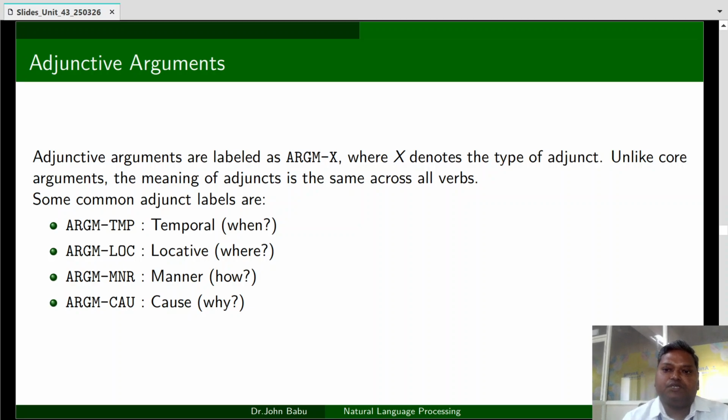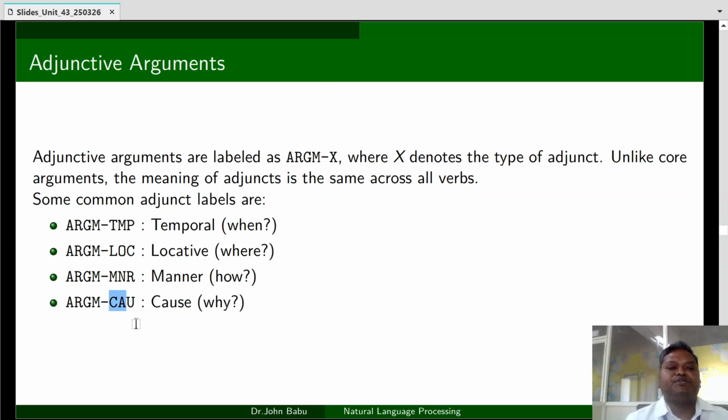Core arguments are Arg0 to Arg5. Then adjunctive arguments are labeled as ArgM-x, where x denotes different types of adjunct. Something like TMP temporal, when it happened, LOC location, MNR manner, CAU cause.